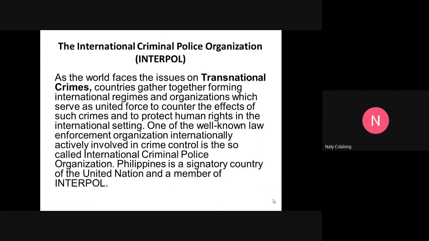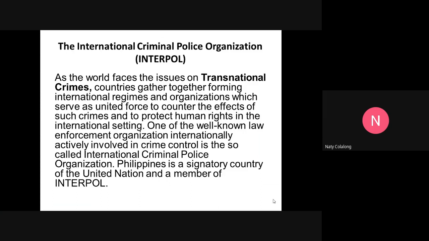As the world faces the issues on transnational crimes, countries gather together, forming international regimes and organizations which serve as a united force to counter the effects of such crimes and to protect human rights in the international setting.